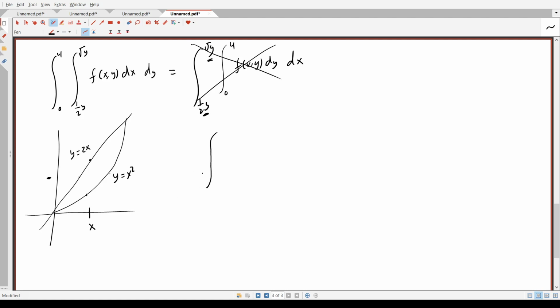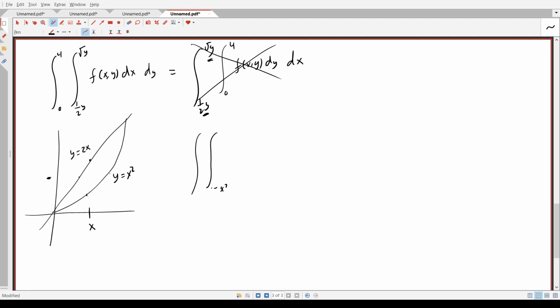So I'm integrating with respect to y first, because I'm going from here to here, integrating along this line first.